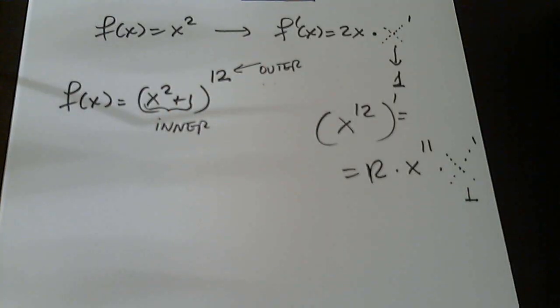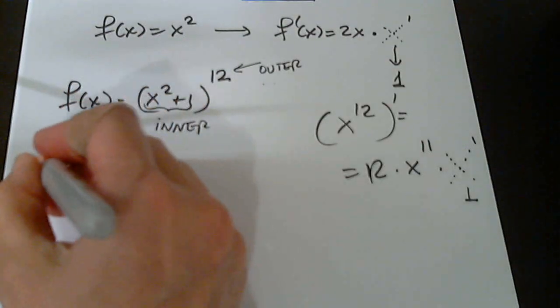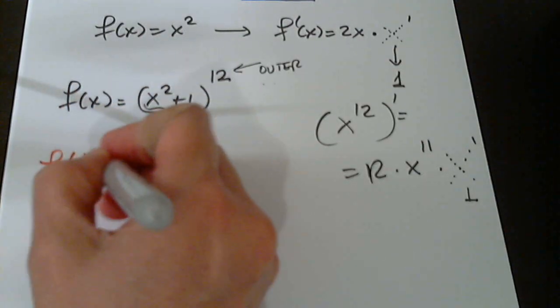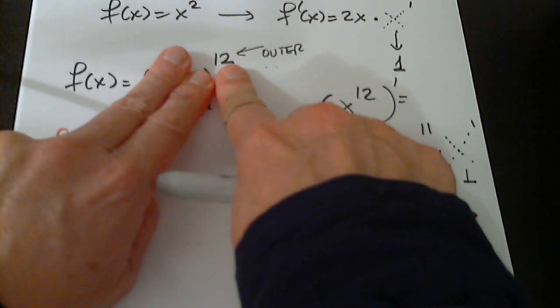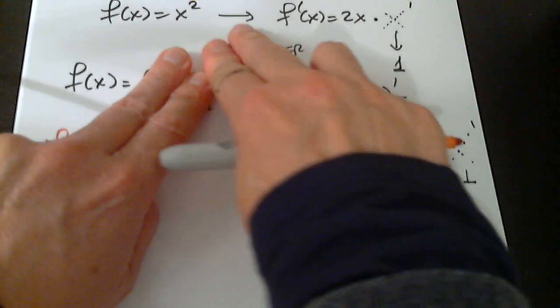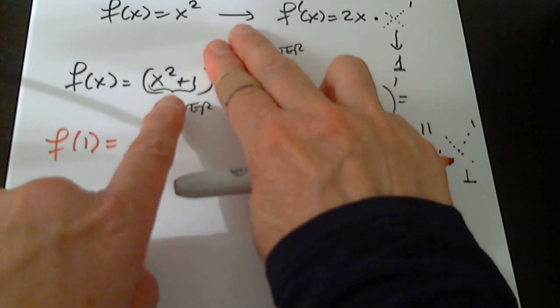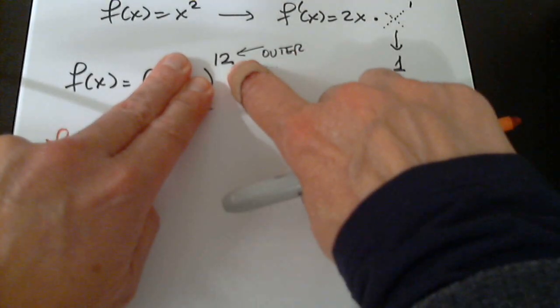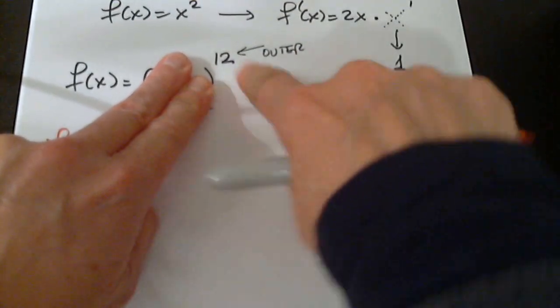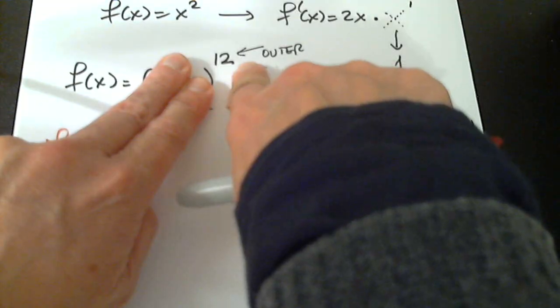What does that mean? Again, let me explain the inner and the outer. If I am asked to evaluate this function at 1, I can't take it to the 12th power first. I have to perform this operation first. This is the inner. And when I'm done, I will apply the outer. I will take this answer and take it to the 12th power.